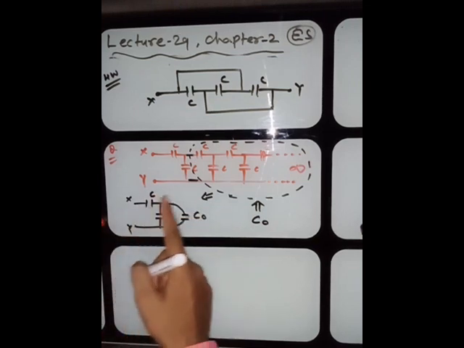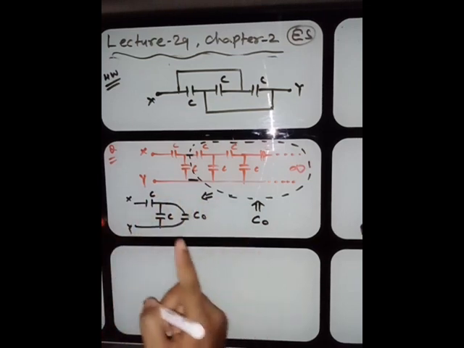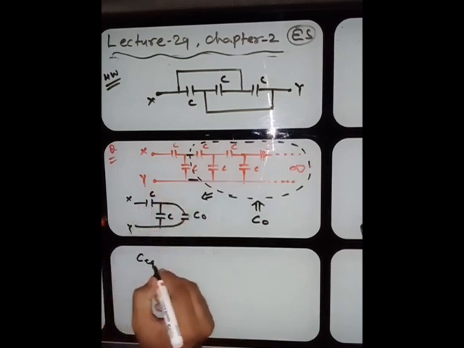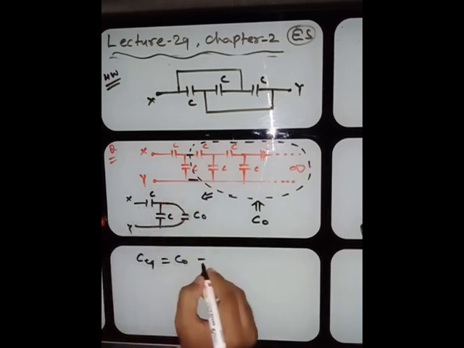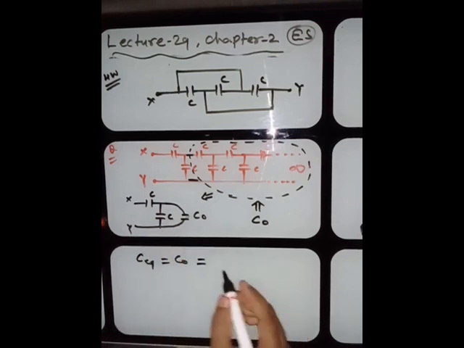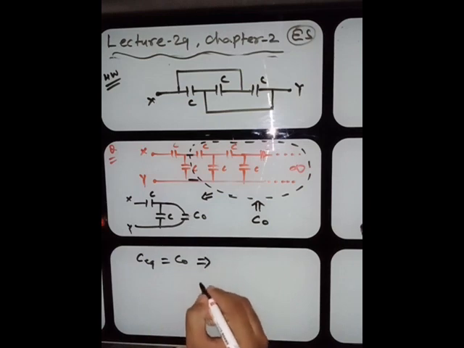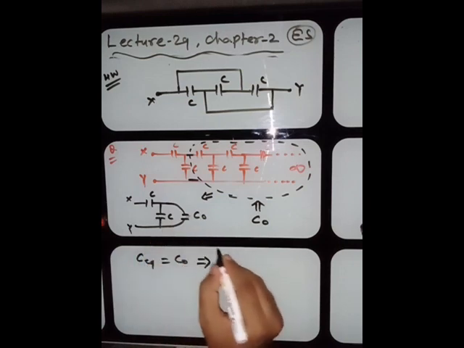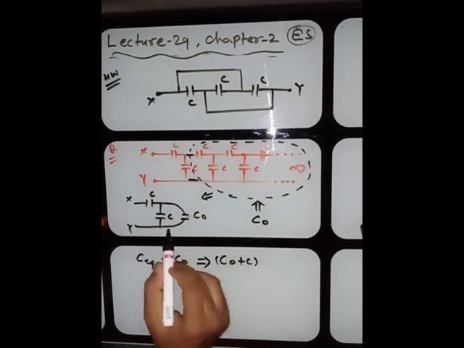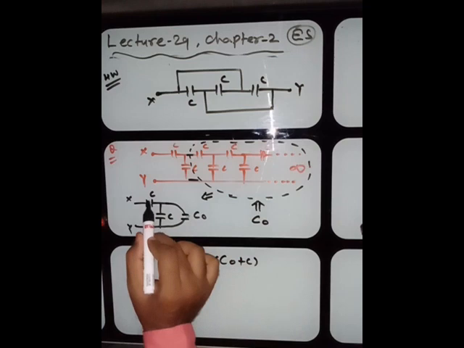And what is the value of this arrangement now? Yes, the equivalent capacitance of this arrangement is also C naught. Now you can see these two are in parallel. So what will be the answer? C naught plus C. And after this, this is in series.